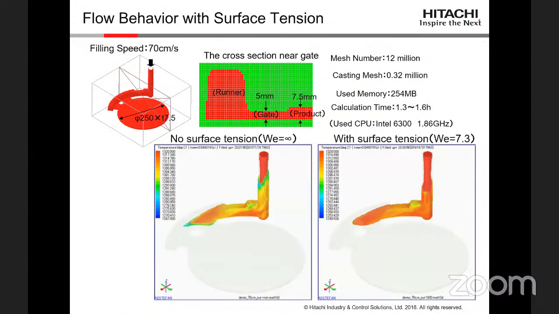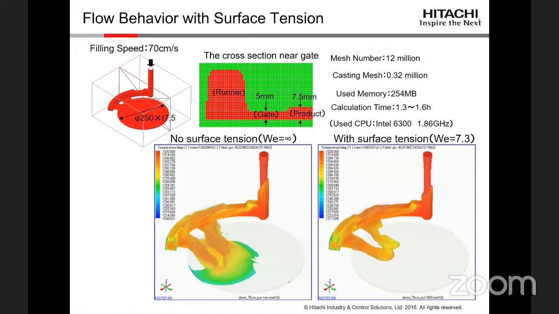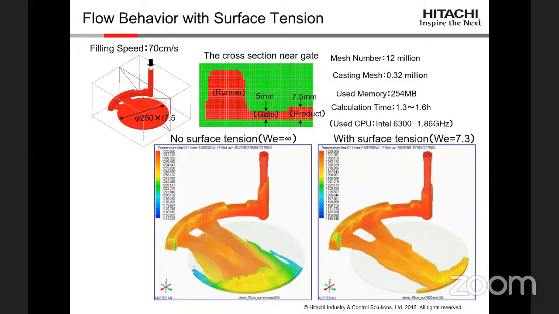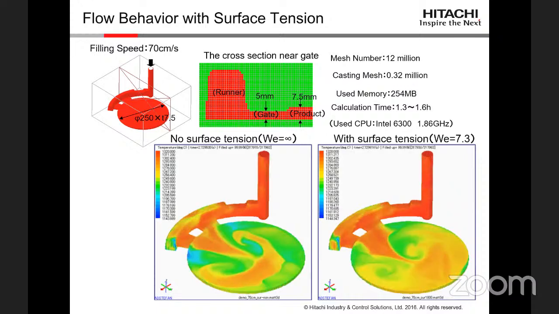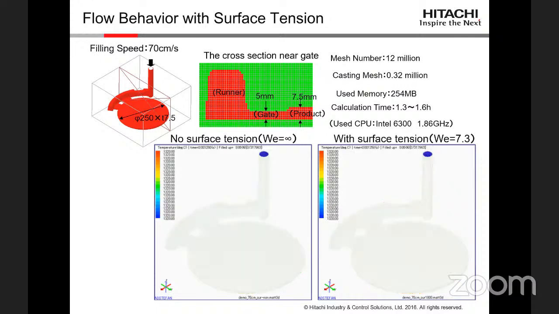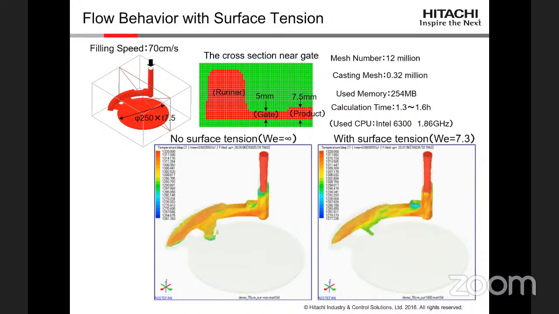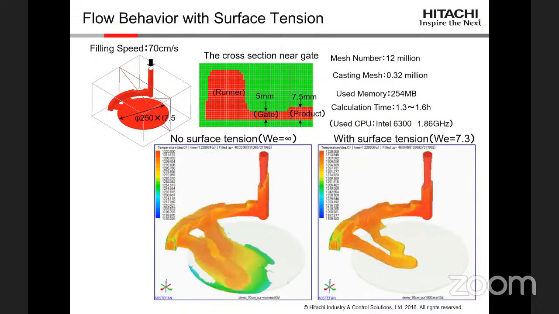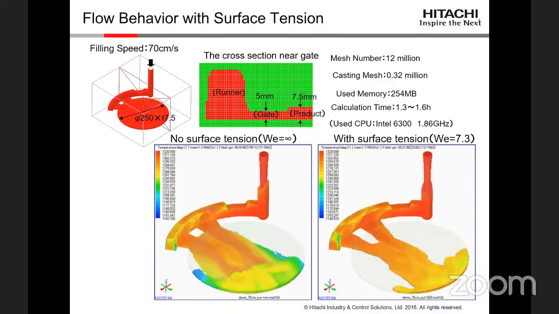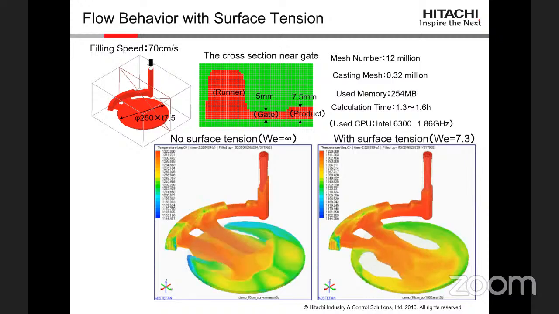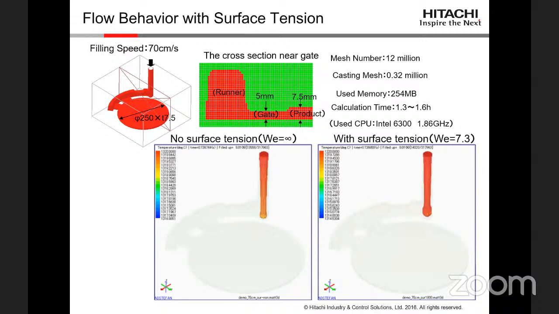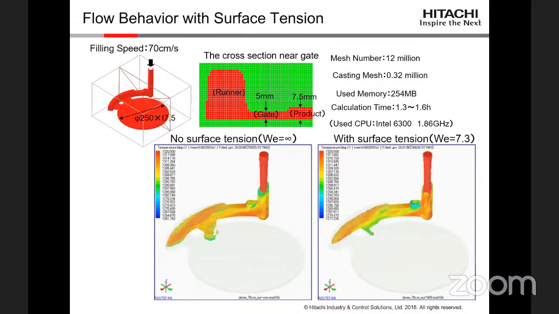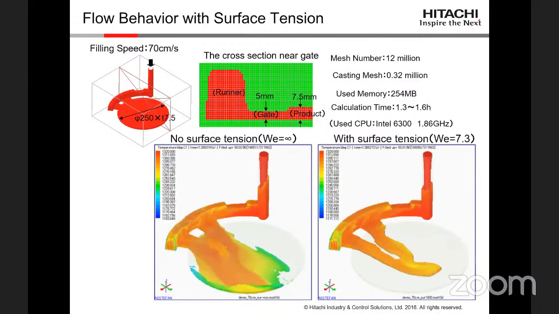Next is the feature of the software where we can enable surface tension. If there are small parts or very big parts where we use very narrow ingates, the material gets pressurized during pouring, and the flow behavior of the molten metal becomes uneven.